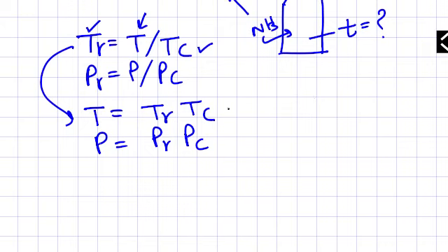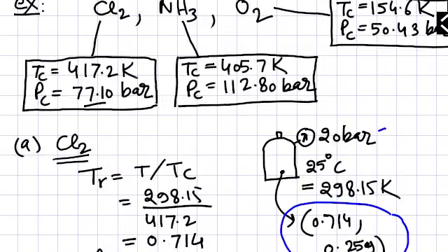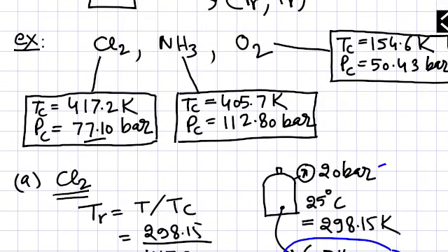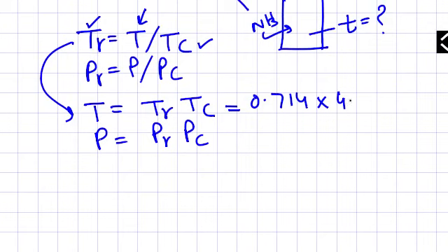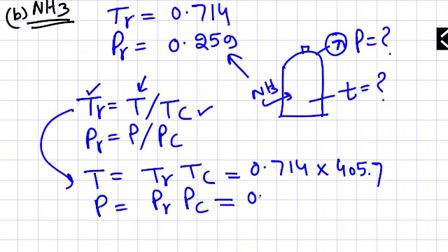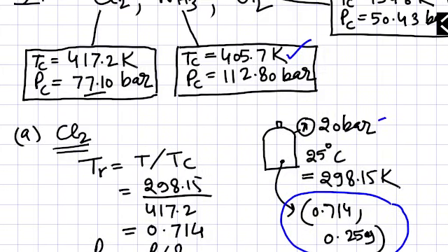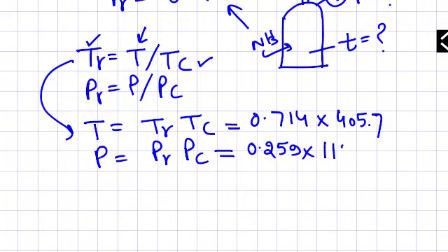So how much will this be? Tr is 0.714 multiplied by the critical temperature of ammonia gas, which is 405.7 Kelvin, and the same for pressure. The reduced pressure that we want is this, and the critical pressure is 112.8 bar.